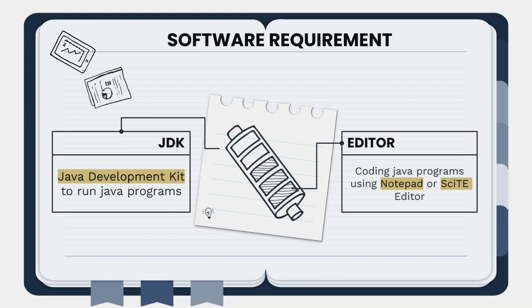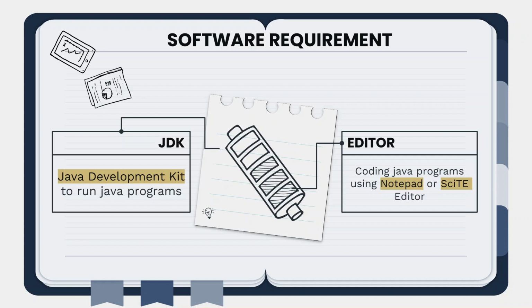Alright, we can start coding Java programs simply with Notepad, which is readily available on the Windows operating system, or we can opt for an editor which is freely available for download from the internet. For your convenience, you can find a link to download the editor software in the description box of this video. Let's write our Java program using Notepad only for simplicity.